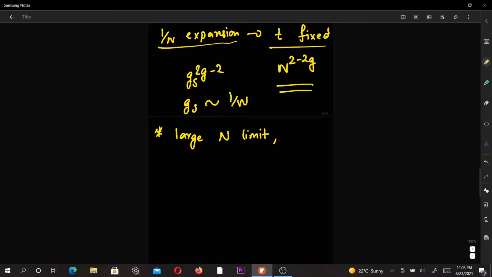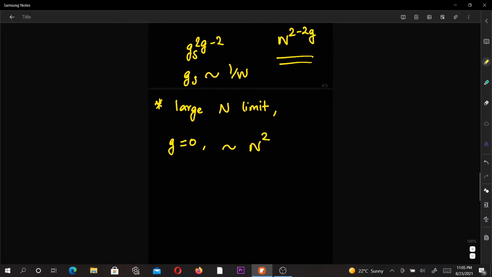So what happens then? If N is very large, what happens at different genuses? For genus 0, our quantity goes as N squared.